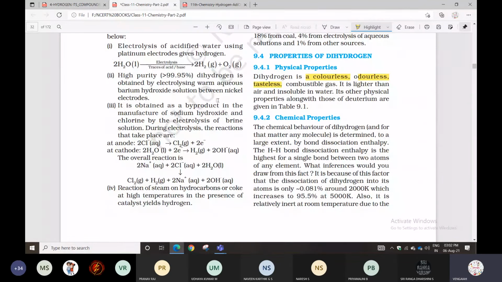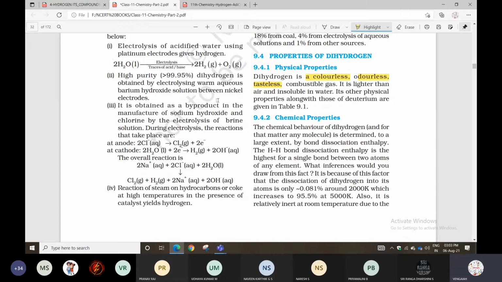Next one, chemical properties of dihydrogen. One thing you can remember: in inorganic chemistry, mainly you can study preparation and properties. Under properties, you can study physical properties and chemical properties.